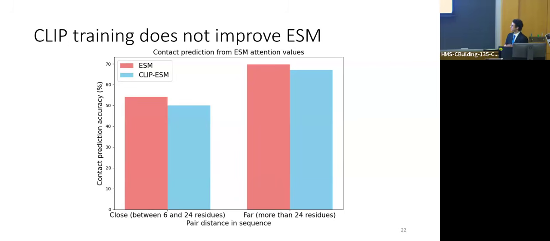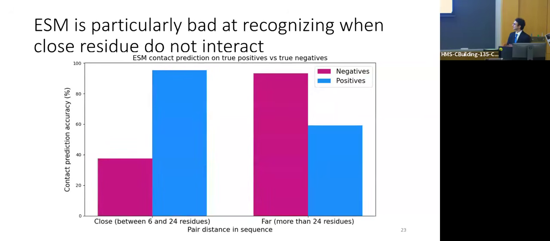We have close residues, which are between 6 and 24 amino acids apart in the sequence, and far residues, which are more than 24 residues away. On both classes, CLIP ESM is doing worse than ESM, meaning this fine-tuning process hasn't worked the way we wanted. As we were looking into this, the reason we have these two categories is we noticed that ESM had very divergent underlying performance on these two classes of pairs.